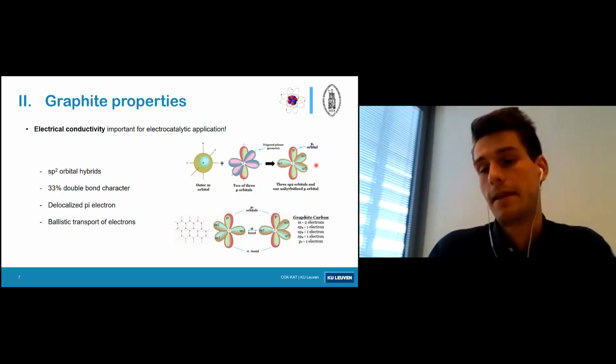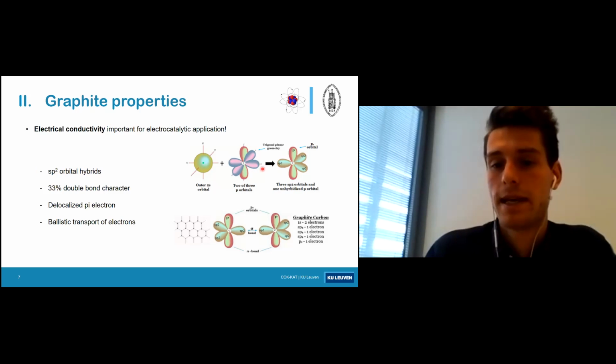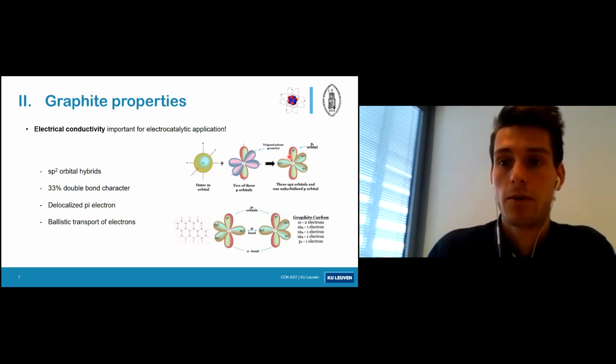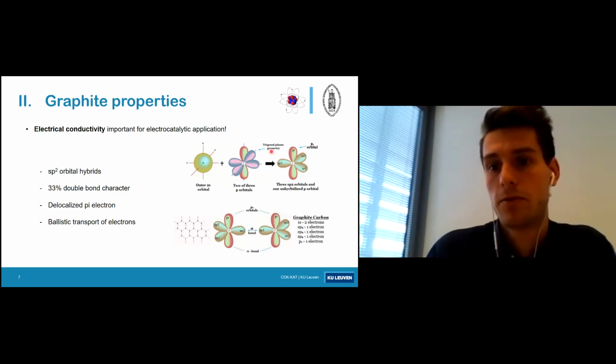Of course, there is a 4th p orbital in the z direction, which is not taking part immediately in the direct carbon-carbon bonding in plane. This also contains an electron. So what you maybe do not know, carbon has 4 electrons, it's a tetravalent atom.